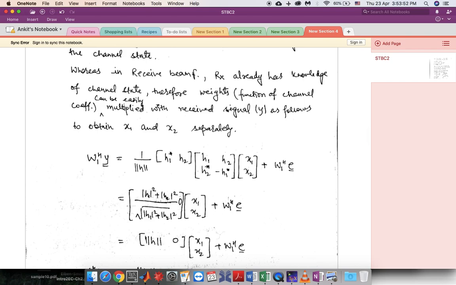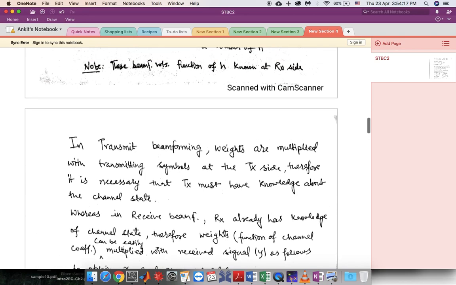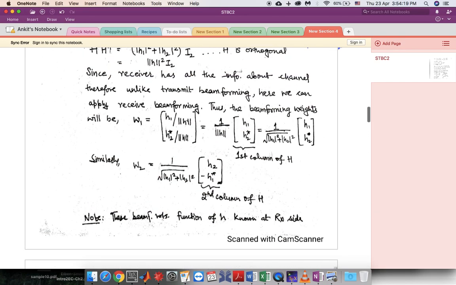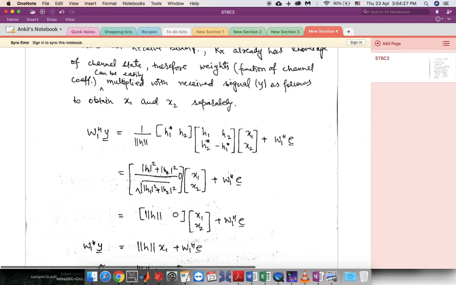So, y is the received vector. We will put the first beamforming weight w1 Hermitian, multiplied with the received y vector, right? By substituting the y vector here and the value of w1 Hermitian, which is h1 h2 conjugate divided by norm of h, we put it here.